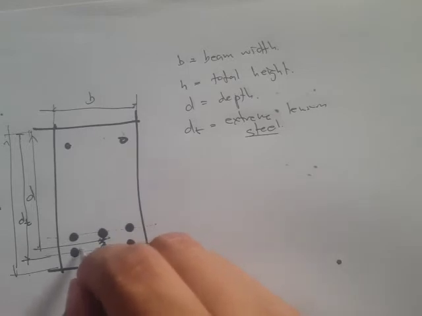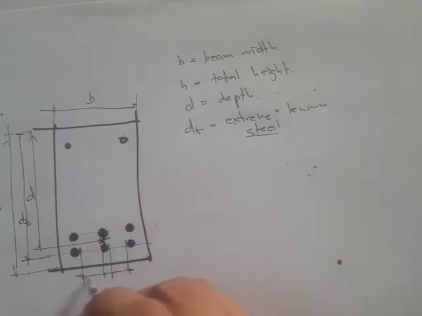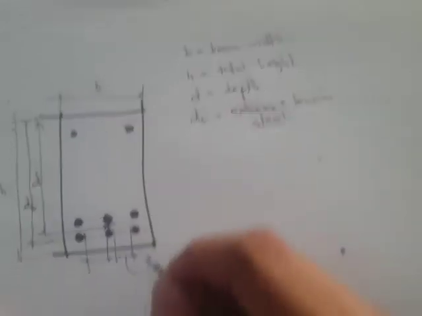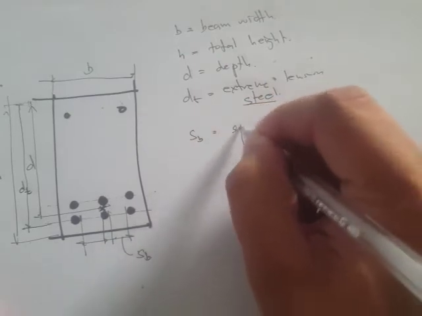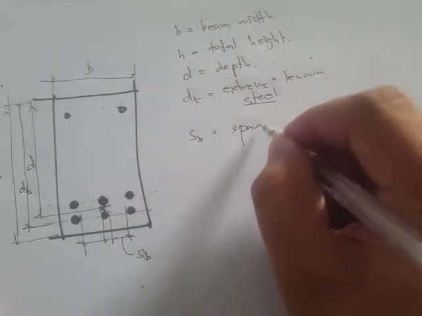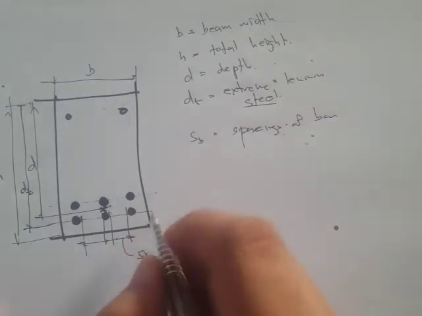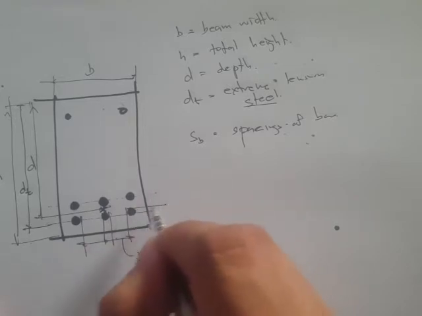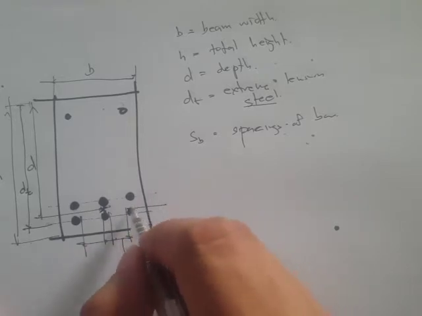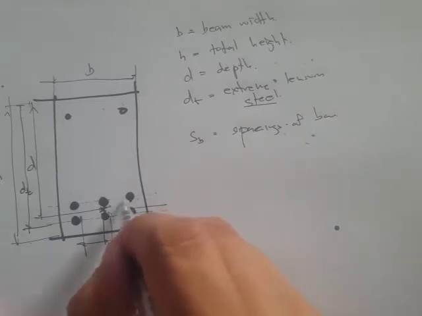Then we'll have the clear distance between bars, subscript as S sub B. So spacings. That also holds true if we mean this distance from the bottom bar to the top bars.